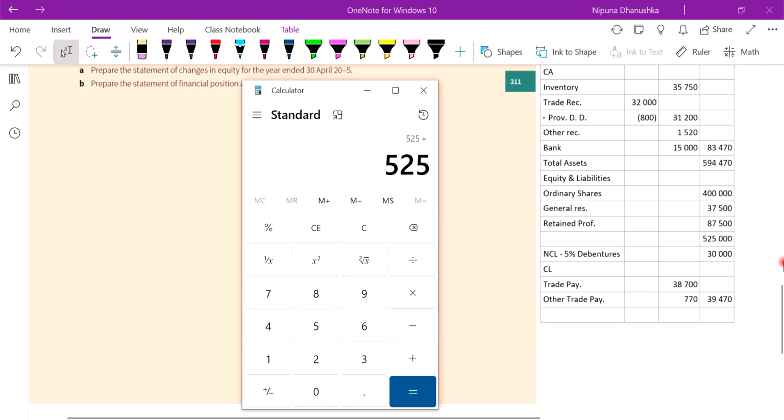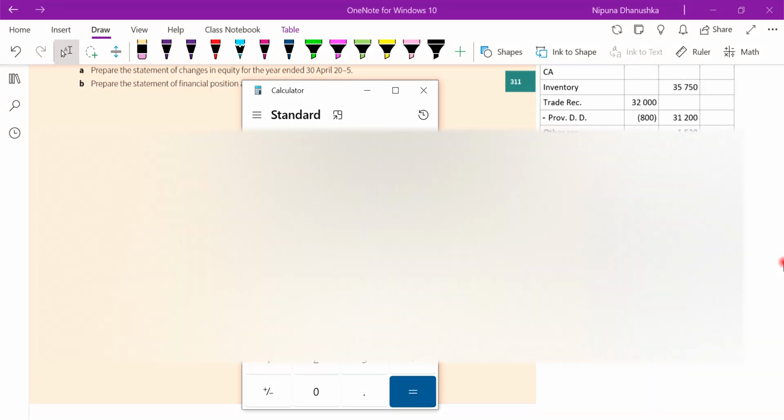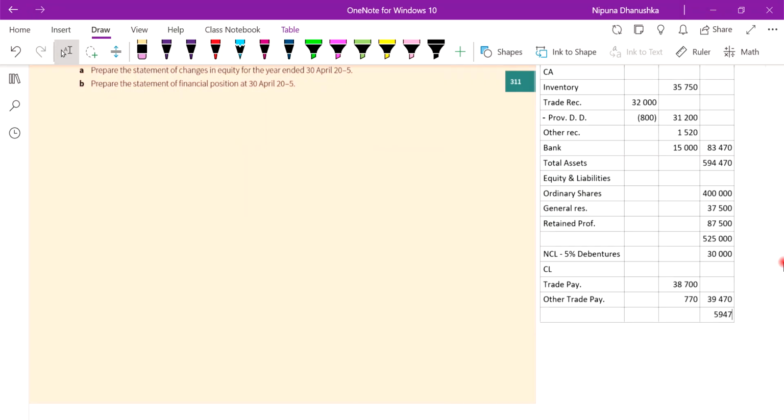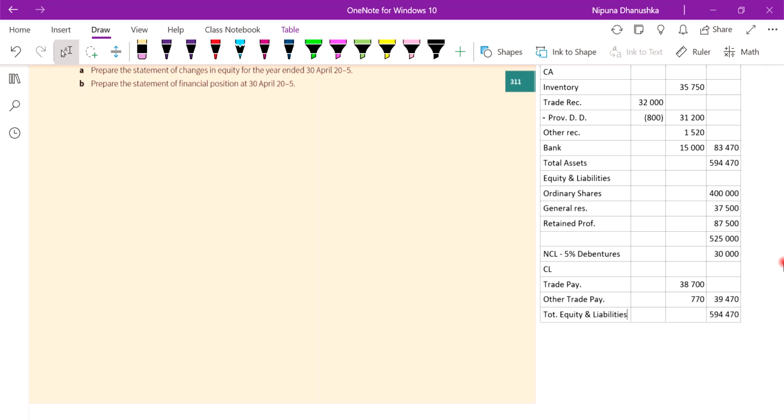And then adding them all together, 525 plus 30 plus 39.470, 594,470 exactly. So total equity and liabilities.